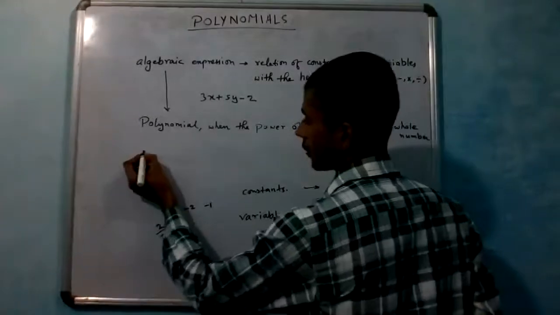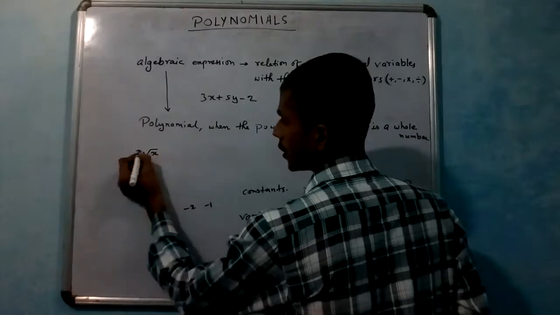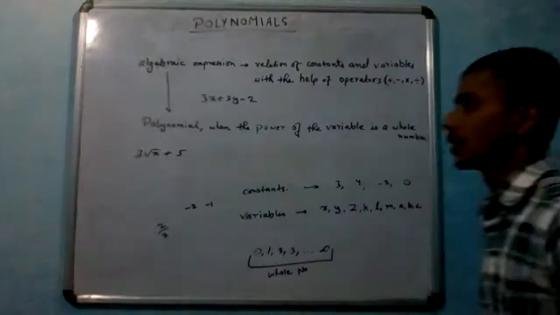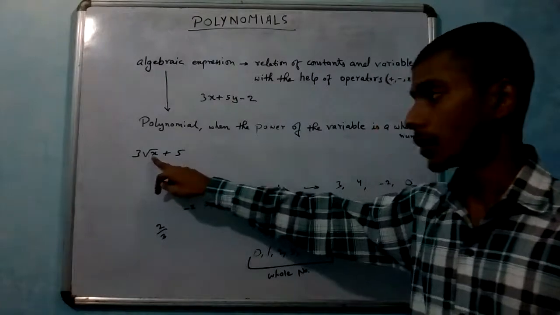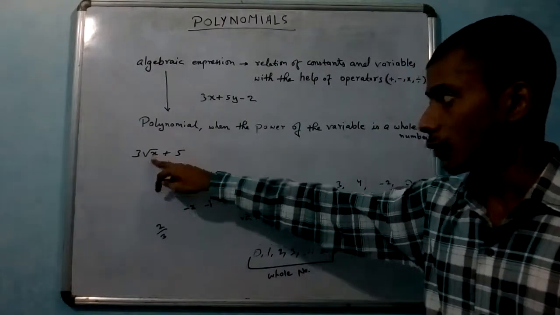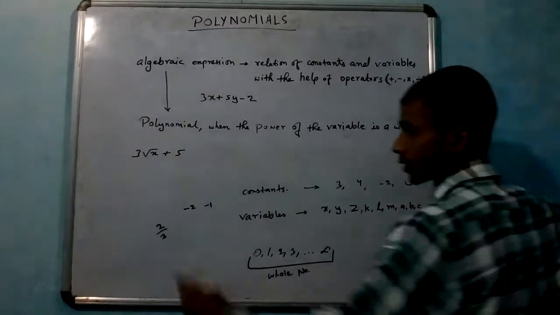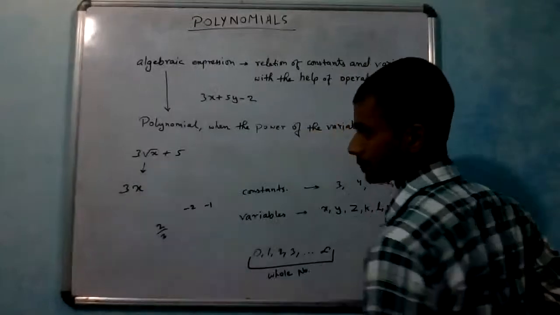Now let us take another example. For example, 3 root x plus 5. We have to focus on the power of the variable. The variable is x here, and what is the power of the variable right now? Square root of x means this is 3 into x raised to the power what?